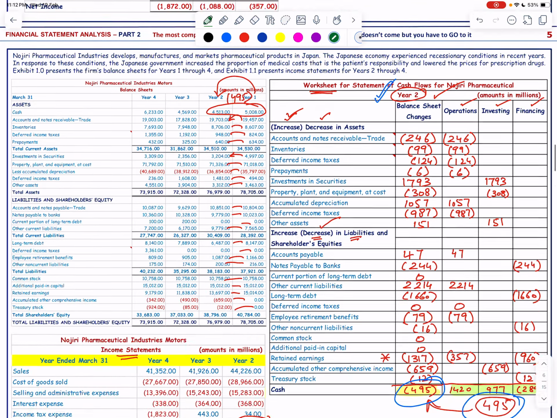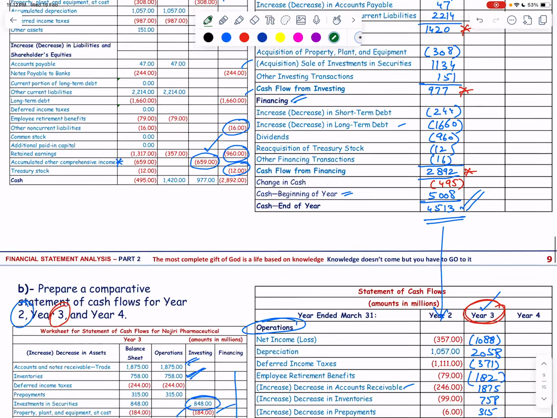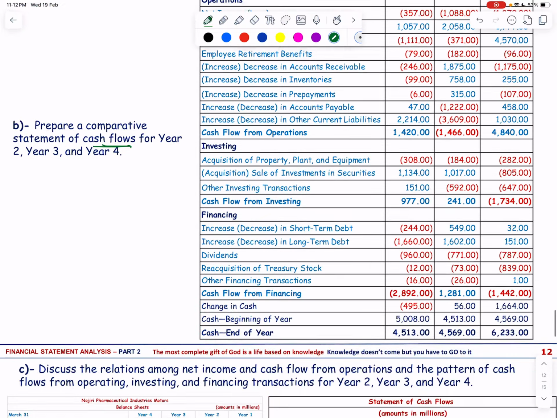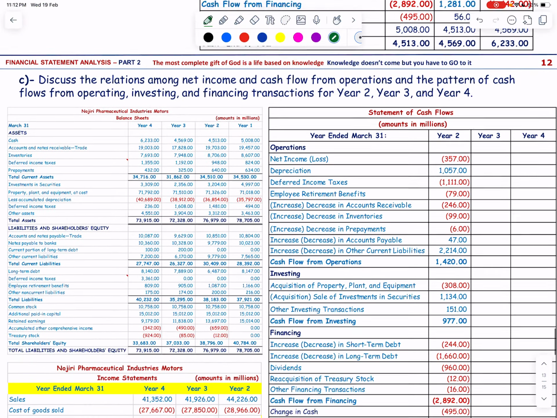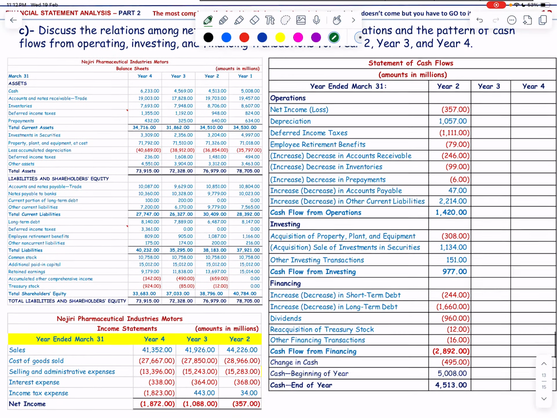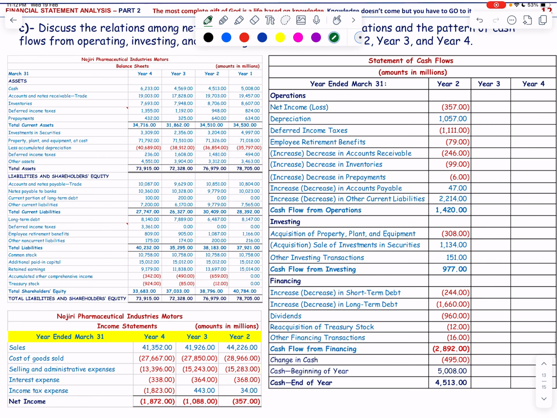Now, let us first of all talk about year number 2. In year number 2, the company has reported a negative net income, although when you look at the cash flow from operations, it has generated a positive cash flow from operations.